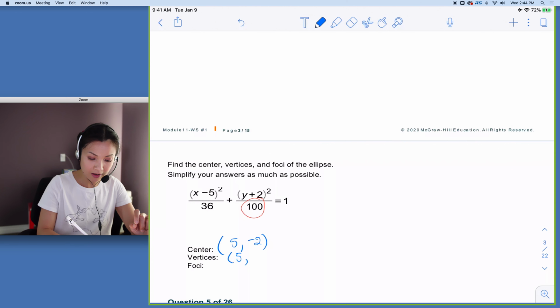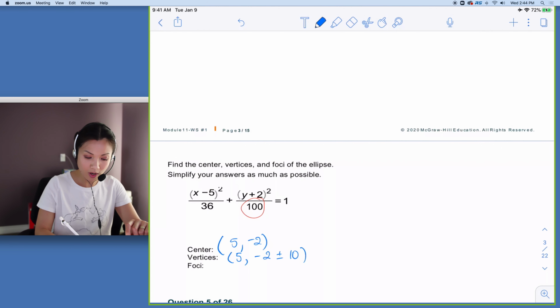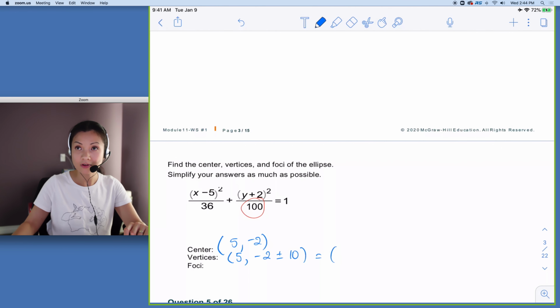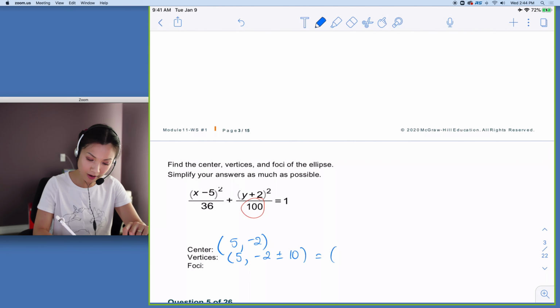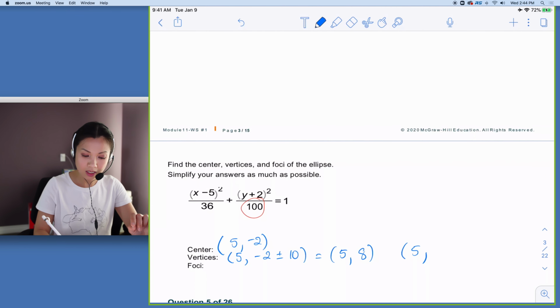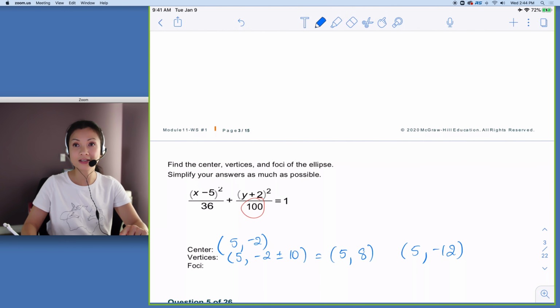And then I have negative 2 plus and minus 10. Okay, so what do I have? I have 2 vertices. So I have 5, negative 2 plus 10 is 8, and I have 5, negative 2 minus 10 is negative 12. So I have 2 answers for the vertices. Now, moving on to the foci.